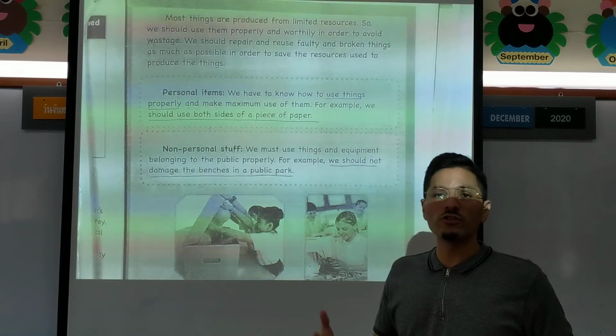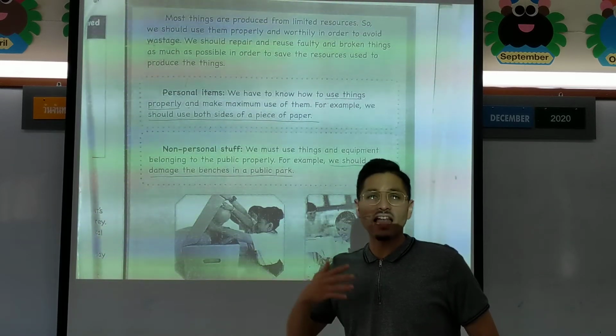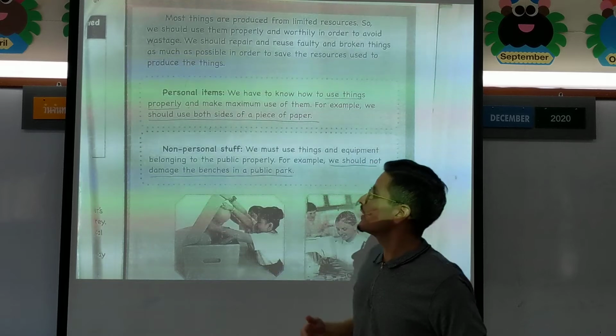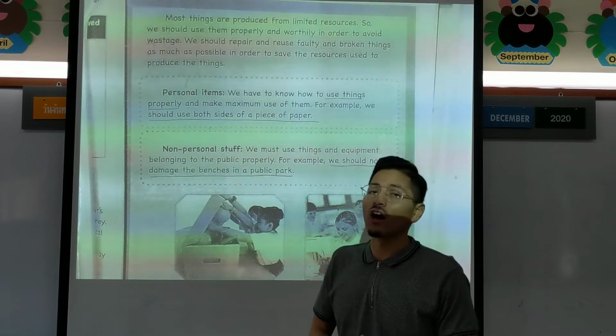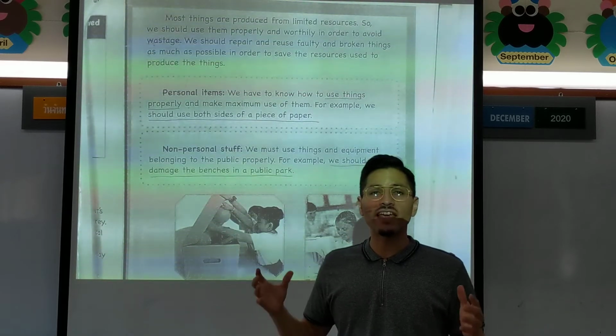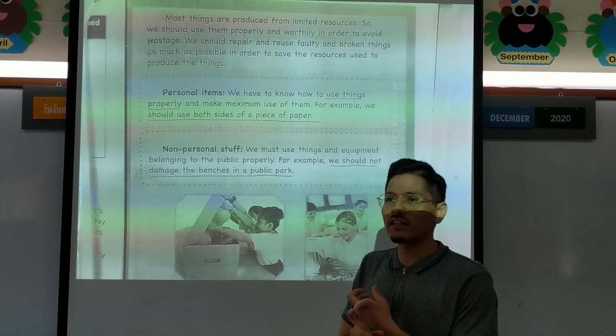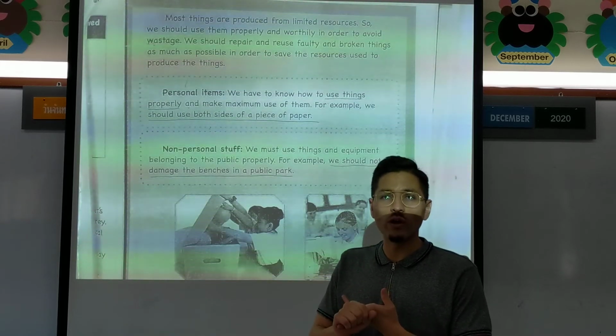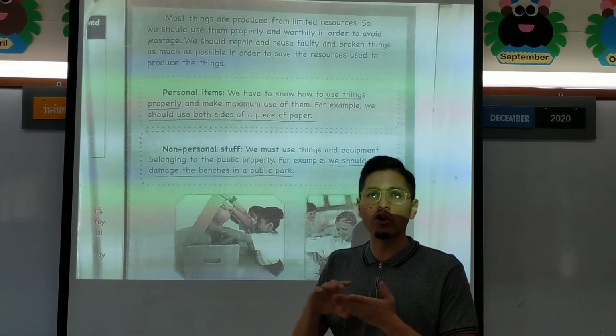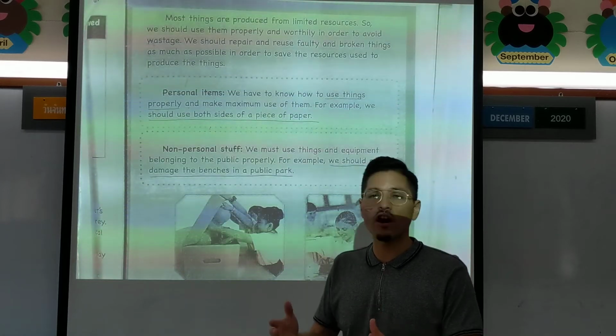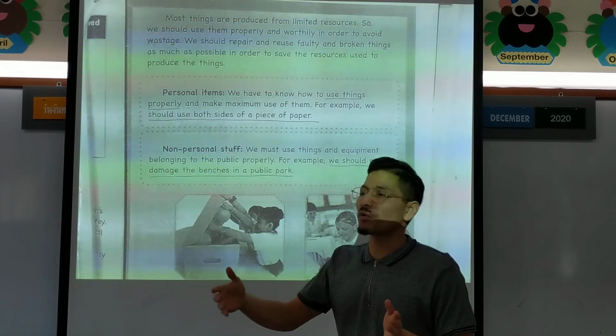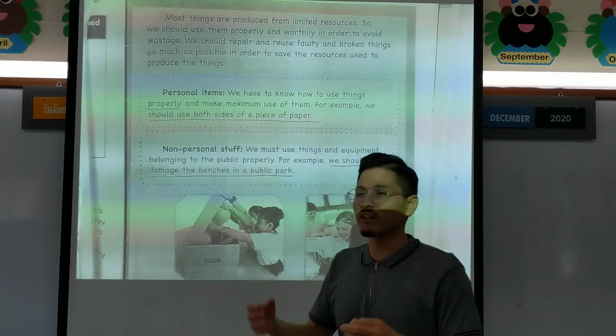Now, how do you use them so they last a long time? Okay? So if you have a car, you want to take care of the car. You want to clean it. You want to make sure there's oil or gas. There's no broken parts, so you can use the car for many years. So you want to take care of your goods.